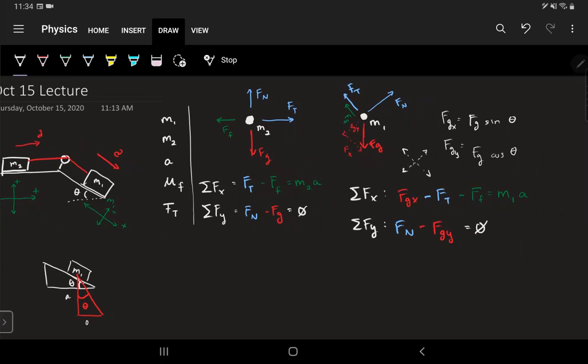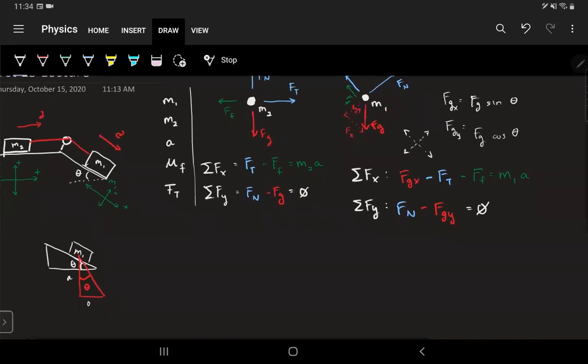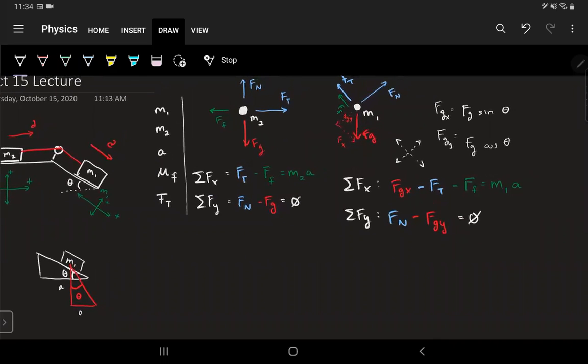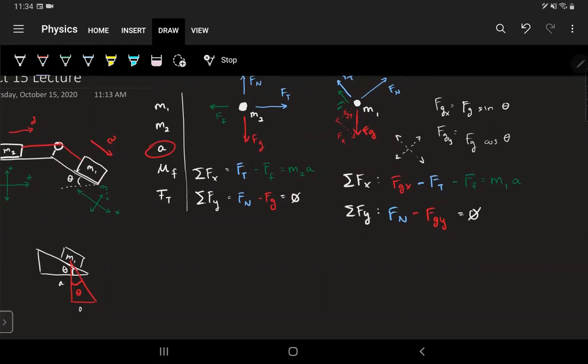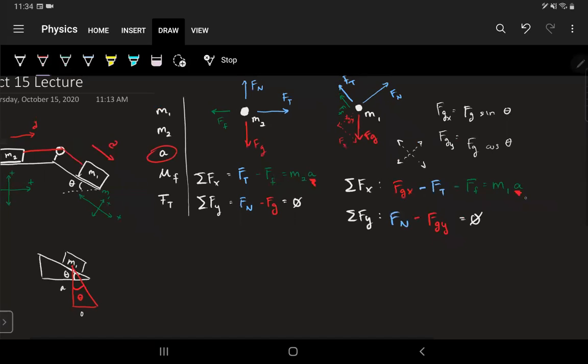All right, so we have all this, and I want to solve for m1, m2, a, mu f, and ft. Well, essentially, I'm going to start with a. I'm going to start by solving for a. Where do we see a? Well, a is right here and right here. Cool. All right, so how are we going to solve for this?